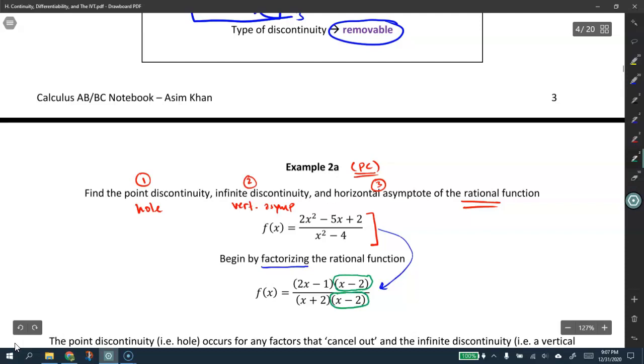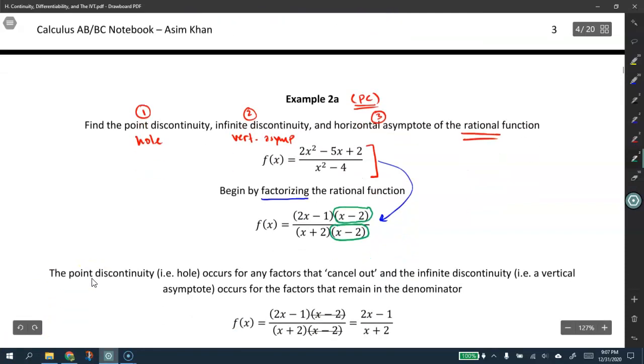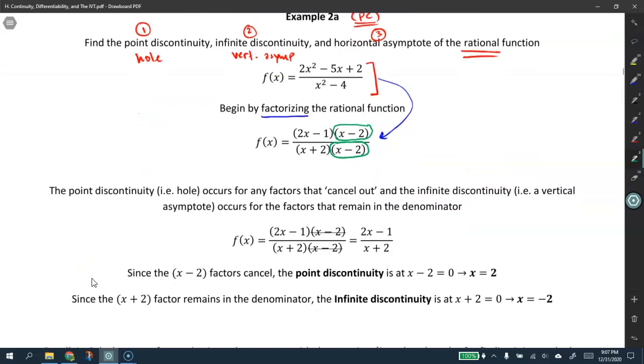And we learned something about this in pre-calculus, right? What we essentially learned is you can actually cancel out the x minus 2's. And if you cancel them out, what you're left over with is this over here. Based upon that, you can now make two conclusions.